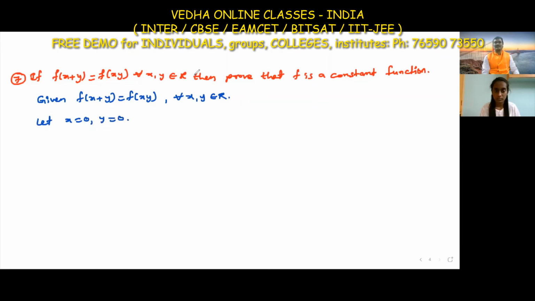If we take x equals 0 and y equals 0, then f(0 + 0) is f(0). This is the LHS. Now check the RHS: f(0 into 0) is also f(0).